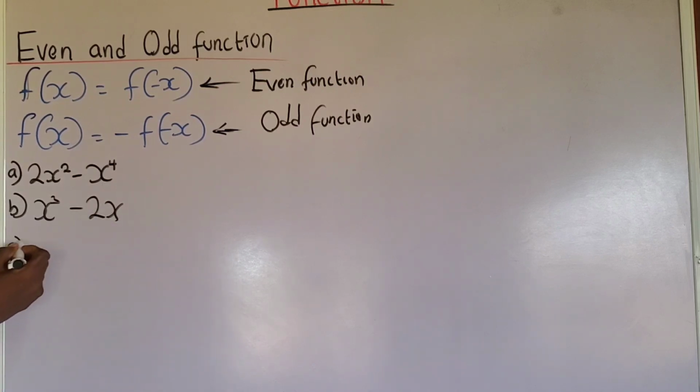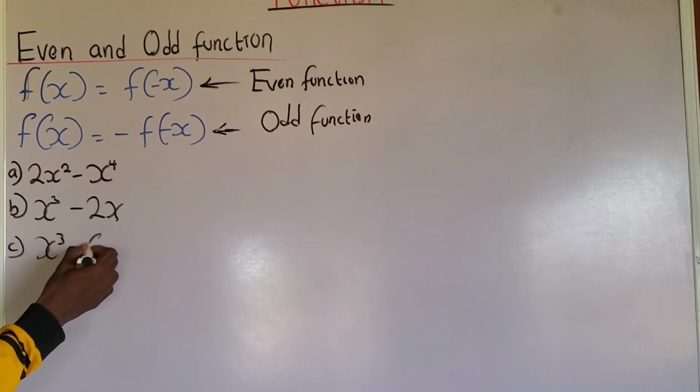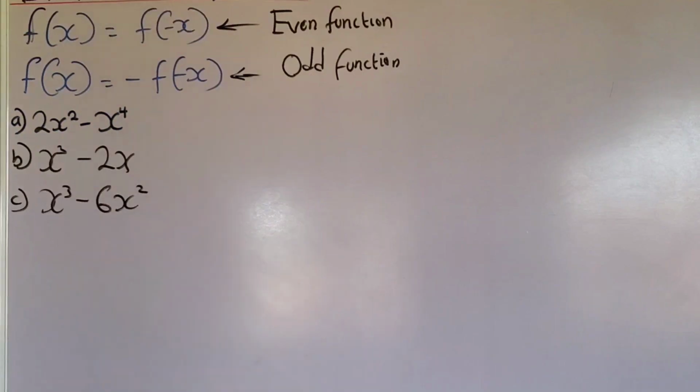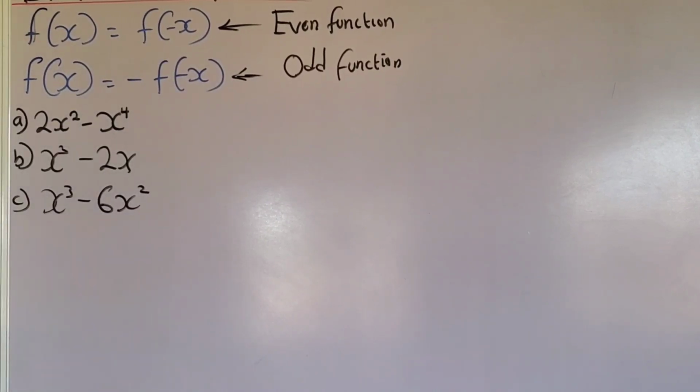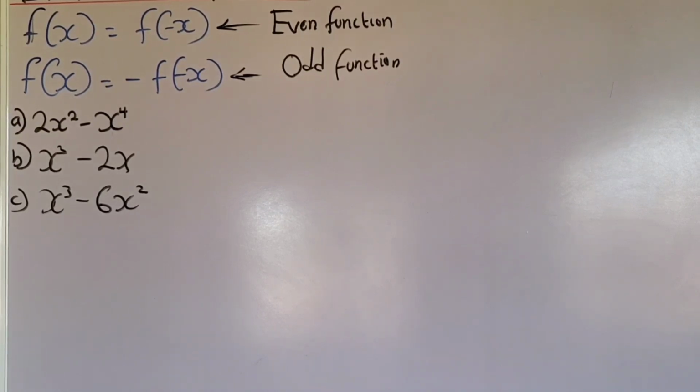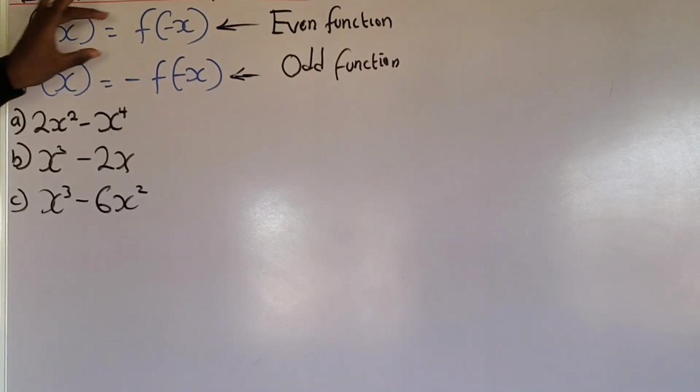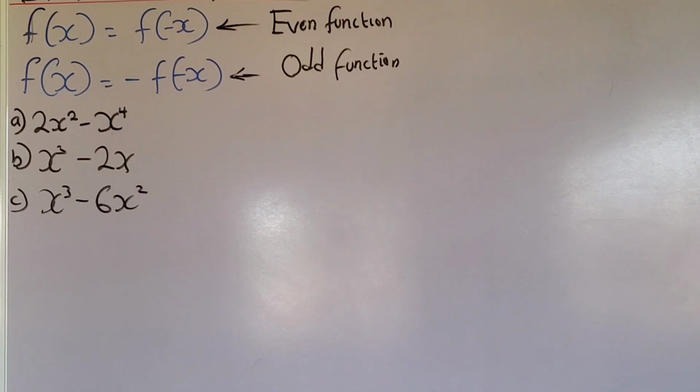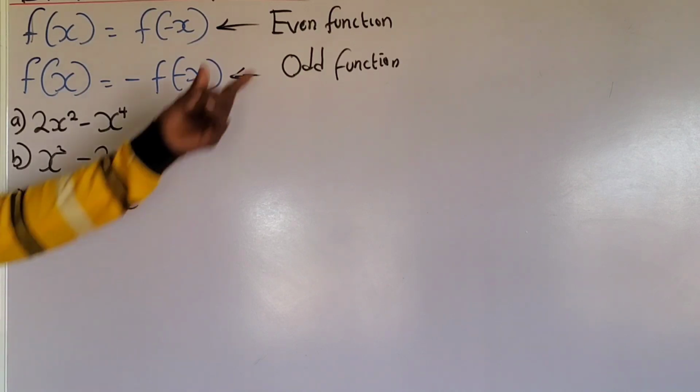And for C, we have x to the power of 3 minus 6x squared. Given these questions, how do we test whether these functions are even or odd? Don't forget the condition: if f of x is equal to f of negative x, that function is said to be even.